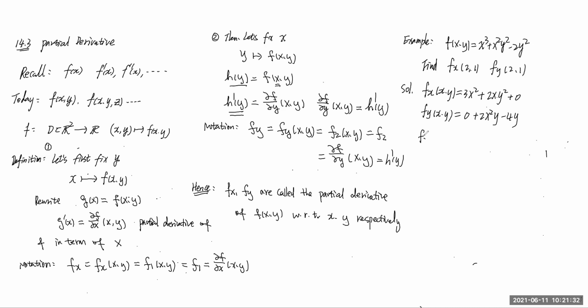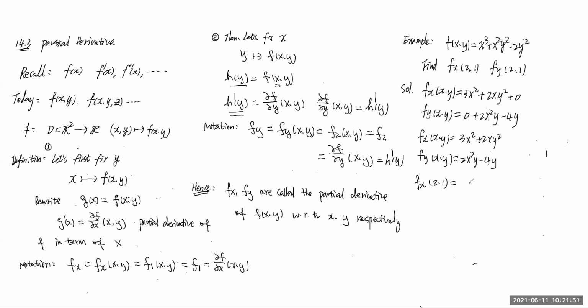So we have f_x(x,y) = 3x^2 + 2xy^2, and f_y(x,y) = 2x^2y - 4y.